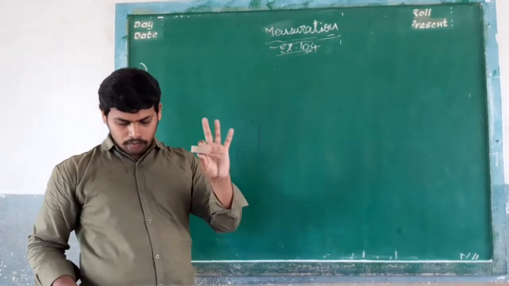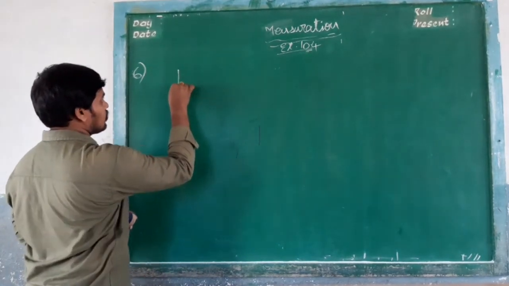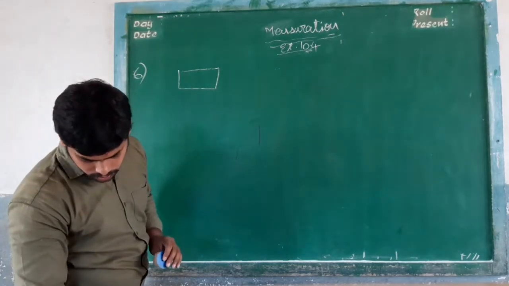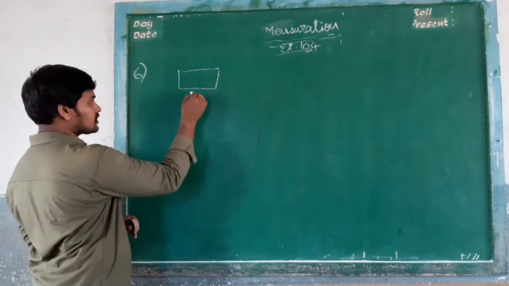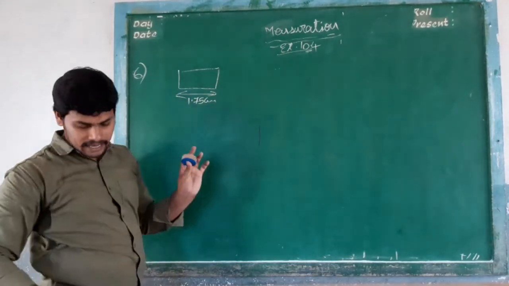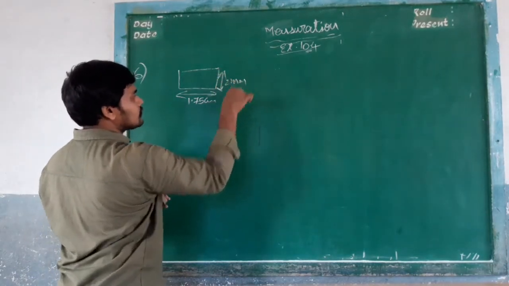So how many silver coins? 1.75 centimeters in diameter. Thickness is 2 millimeters.